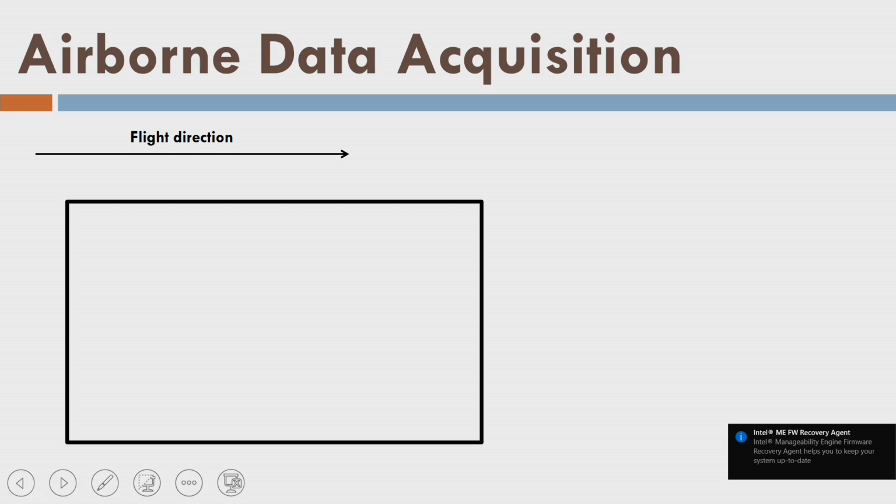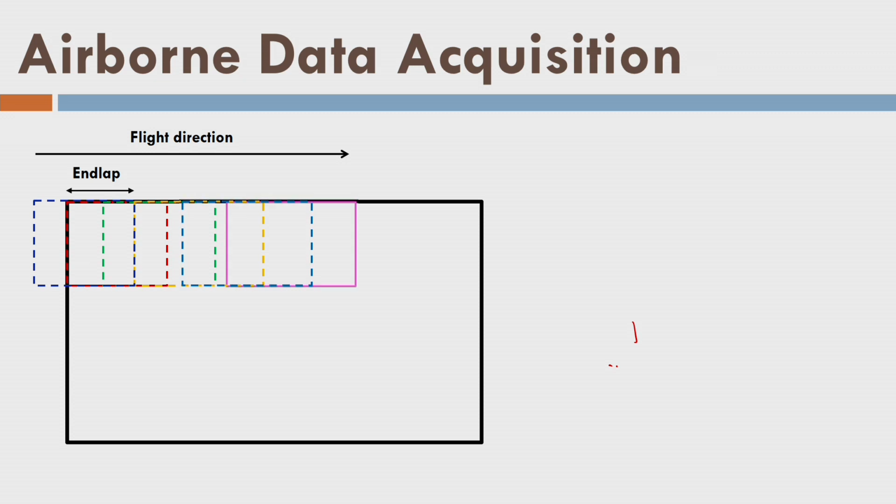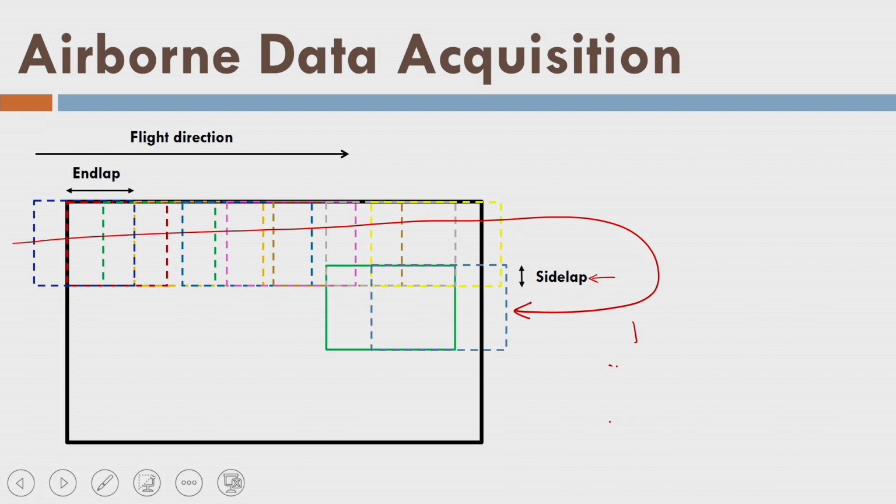Let us say this is my flight direction and this is the area we want to cover. These are the two images in the direction of flight. This is my end lap, and I am acquiring the photographs like this. Further, this is my side lap here. The flight has traveled like this, gone this way, coming this way, like this.